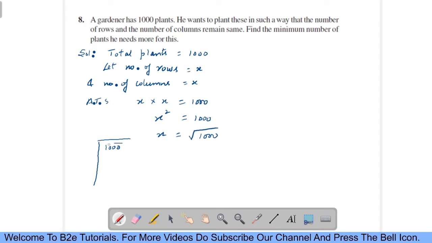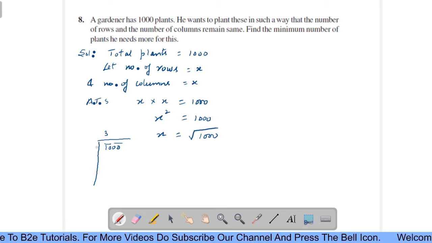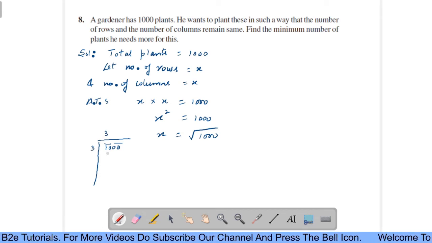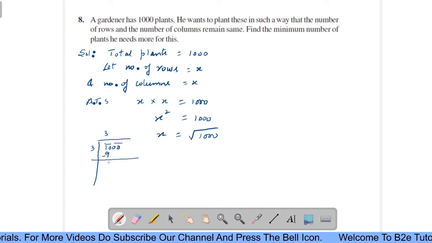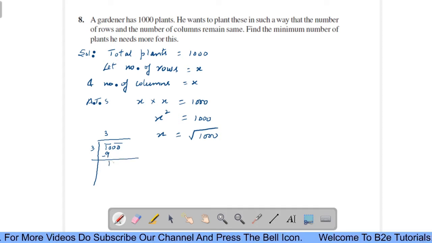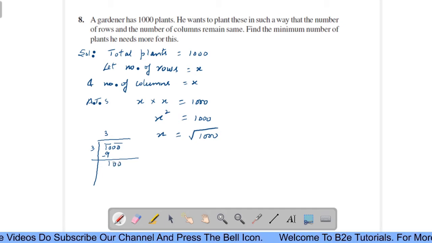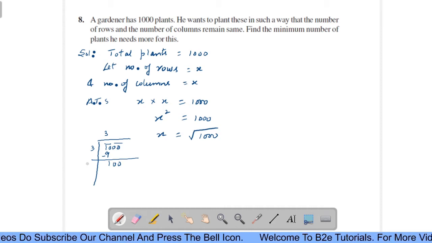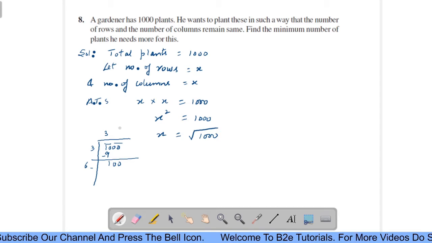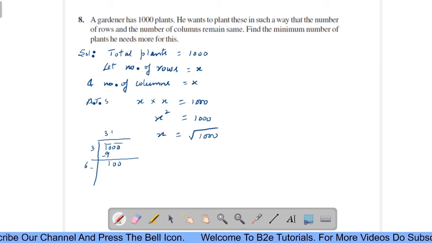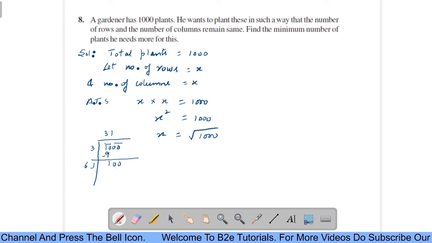Make pairs from the right hand side. Now how many times will it go? 3 times. 3 threes are 9. Subtract. What will you get? 1. Bring the second pair. 00, it is 100. Now 3 plus 3, it is 6. Now how many times will it go? 1 time. It is 61.